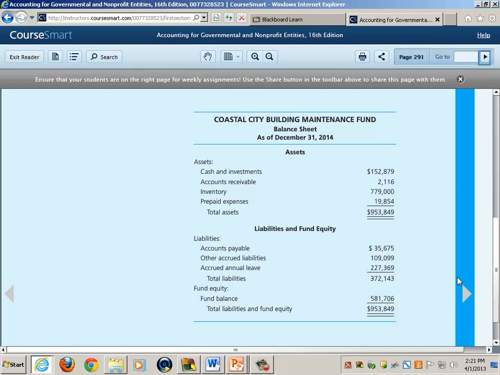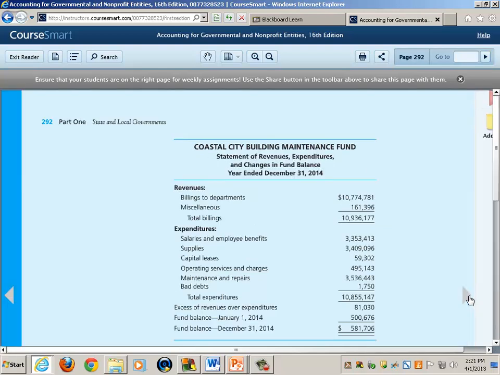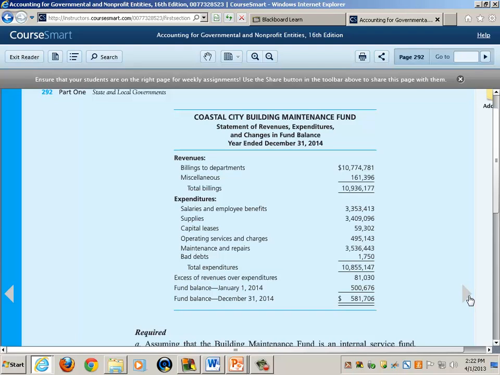Jot down anything that seems unusual or not right, and then we'll take a look at the next statement. This is the second statement.